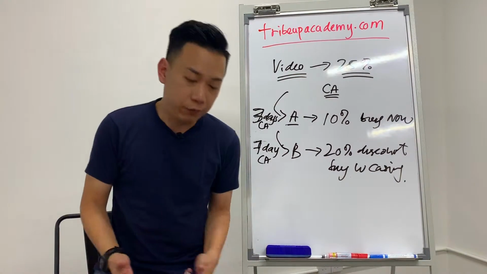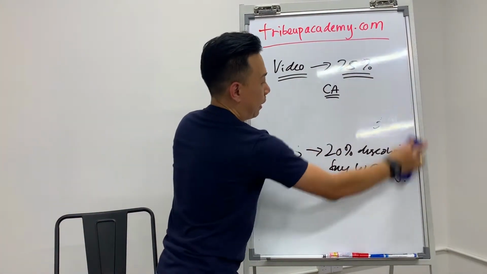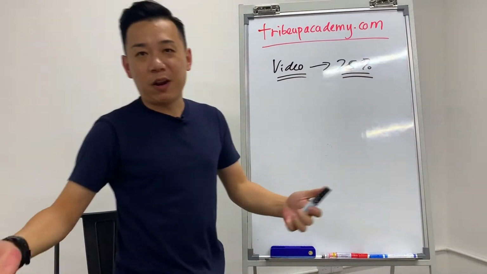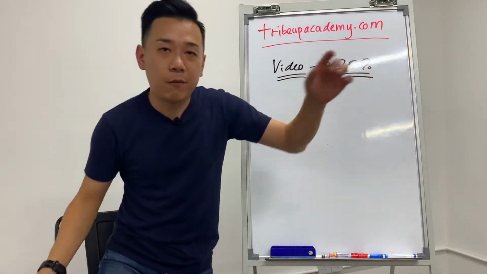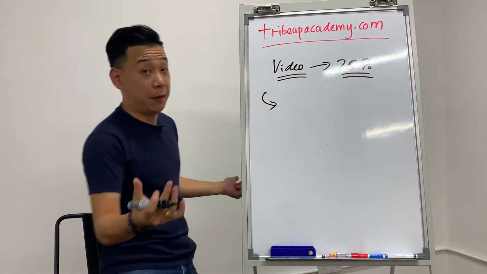Now, this is one way of doing it. The other way of doing it, let's take another example: this class, for example. If you have watched my video up to 25%, what else can I do?